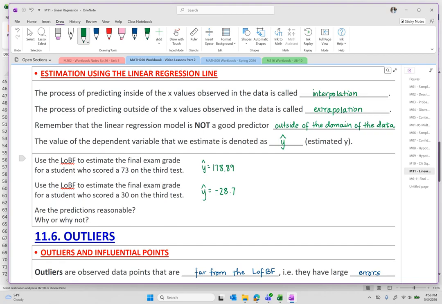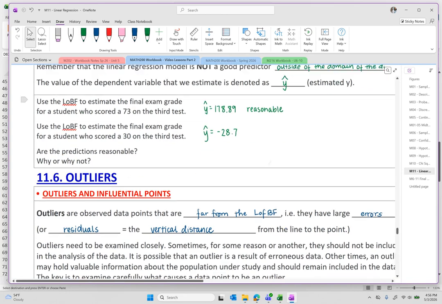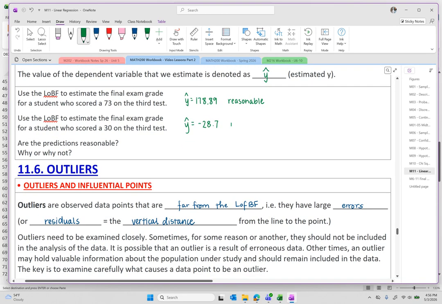So are these predictions reasonable? The y hat of 179 is reasonable. It is a possible final exam score because the final exam is out of 200. But the final exam score of a negative 28.7 is not reasonable, because a negative exam score is unreasonable.